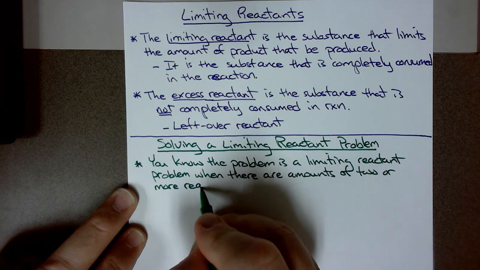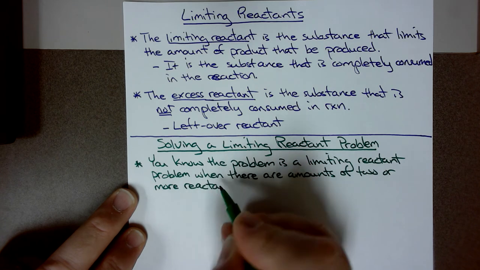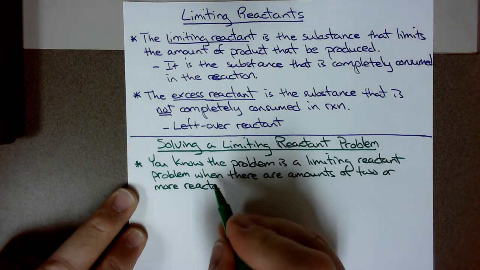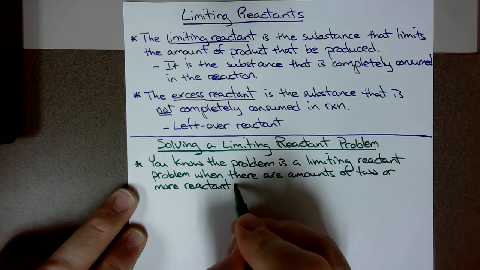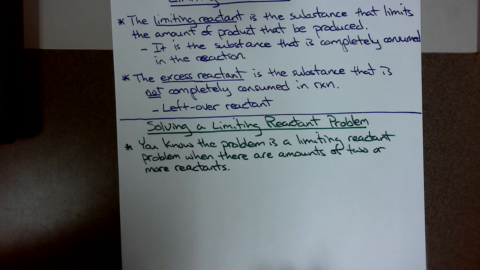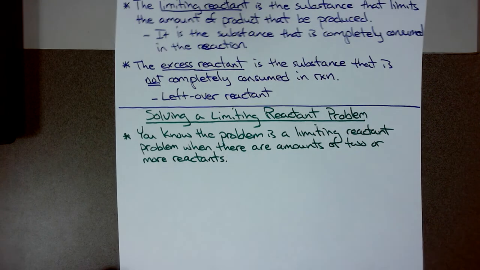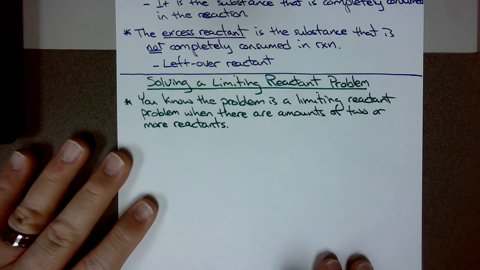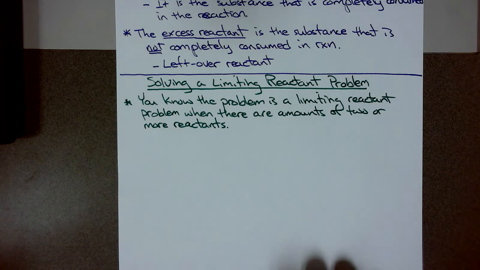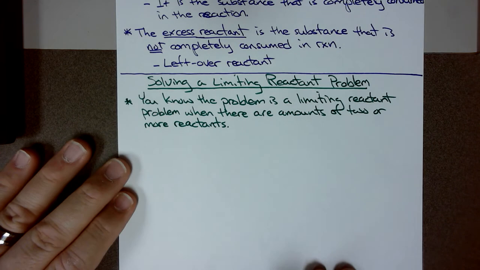If you only have the amount of one of the reactants, you don't have to worry about doing the limiting reactant problem, because you don't need to figure out what limits. There's only one amount, so that's what you work with. So you do a basic stoichiometry problem. But when you have 2 or more amounts, you have to figure out which one is limiting.